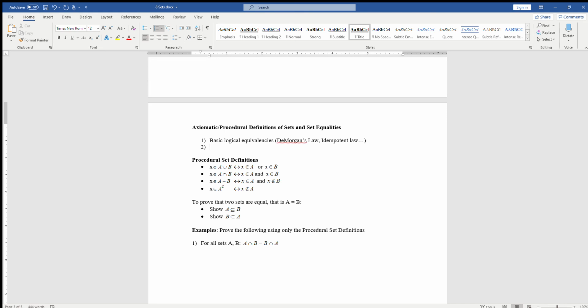The other thing that we're going to need is these procedural definitions. The procedural definitions are as follows.